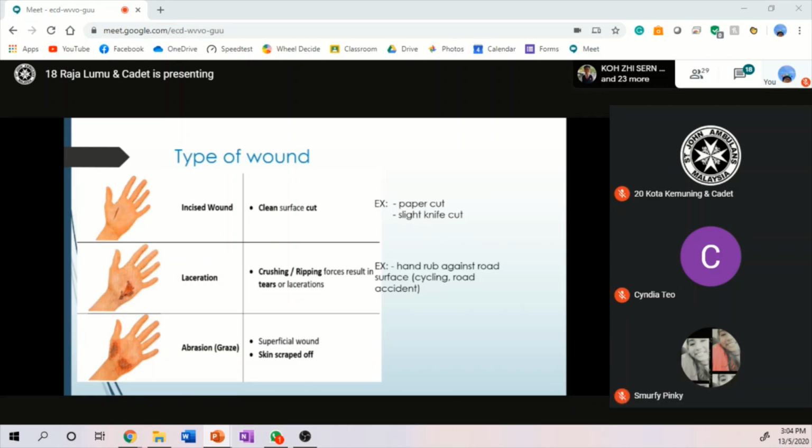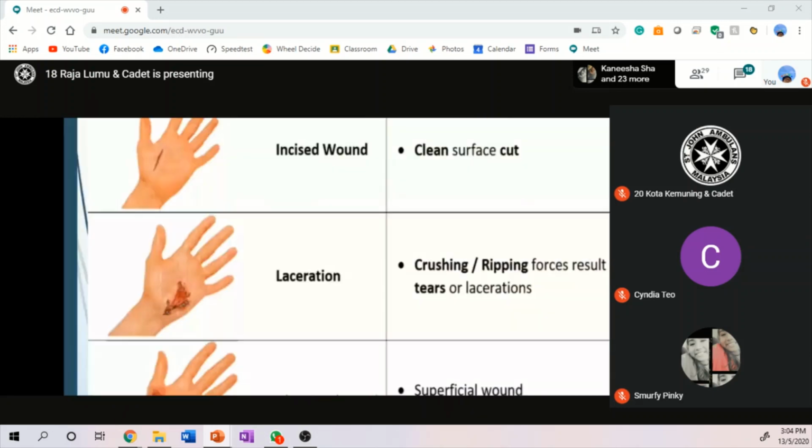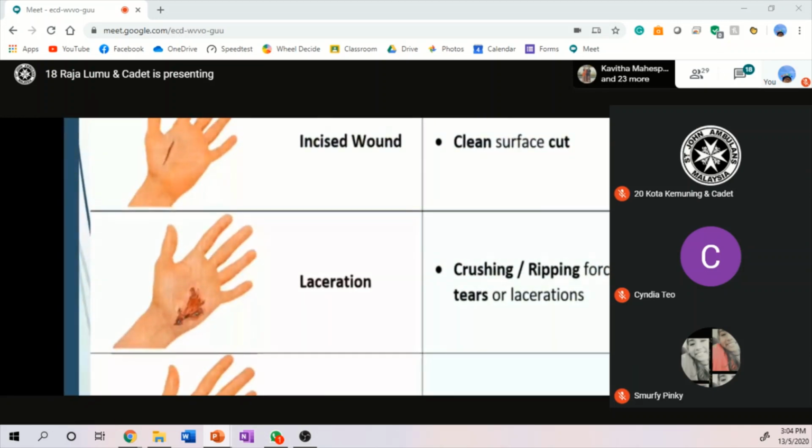Then your knee or your hand rubs against the loose surface. You can see at the picture, this is the pattern. If you rub against the road surface, like when you fall or you run too fast then fall, it's like this.